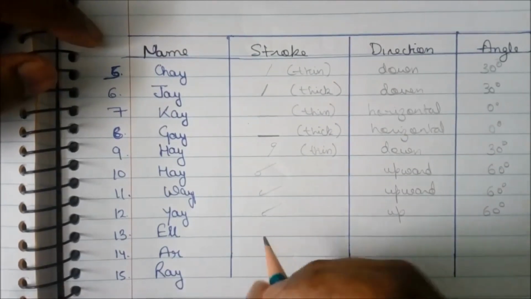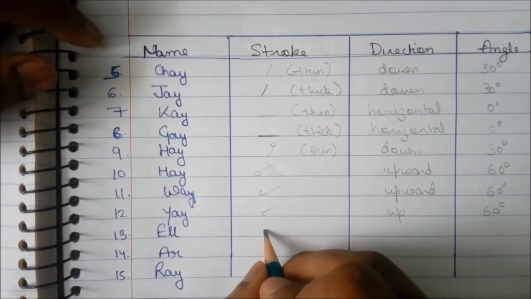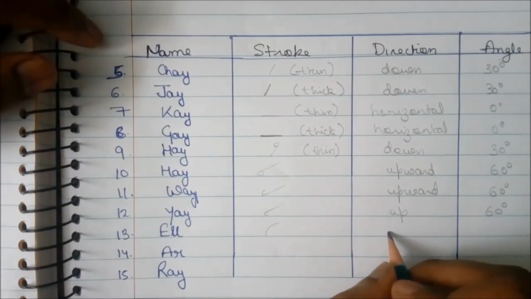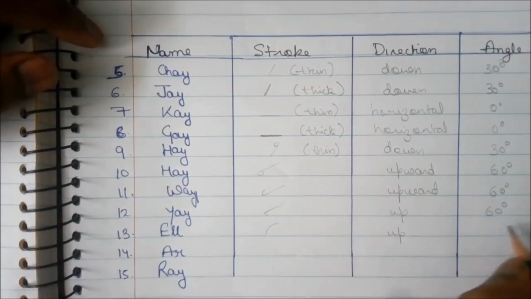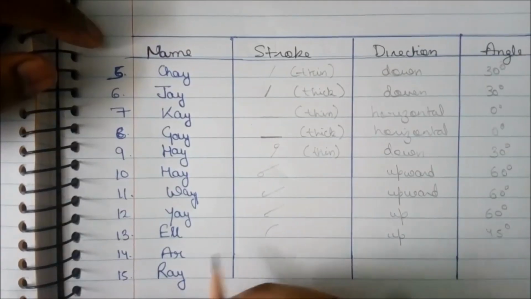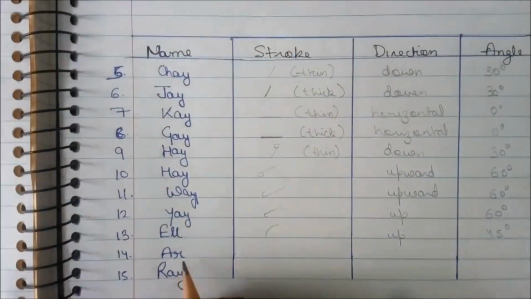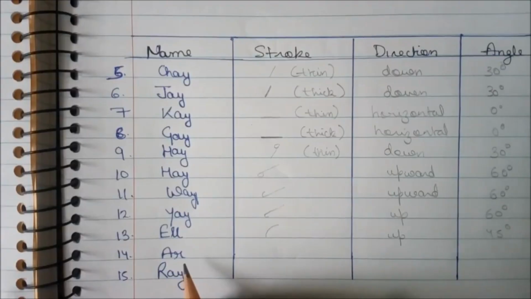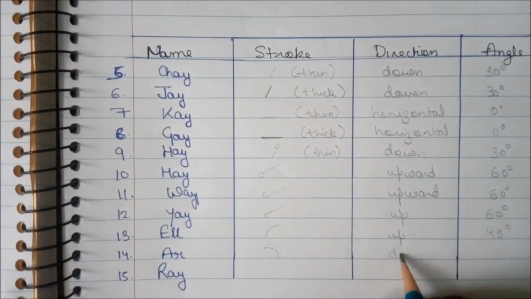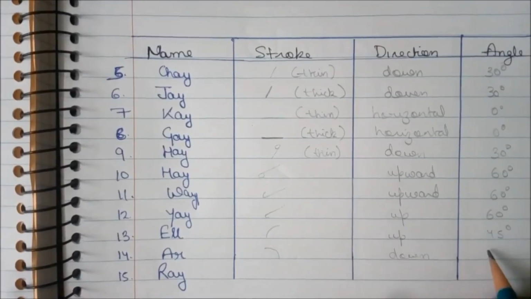Now the next stroke is L. It is also drawn upward and its angle is 45 degree. The next stroke is R. It is drawn downwards and its angle is 45 degree.